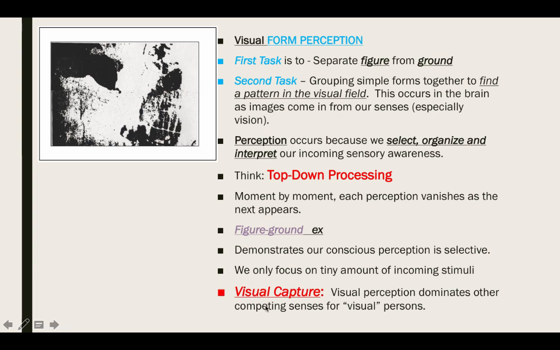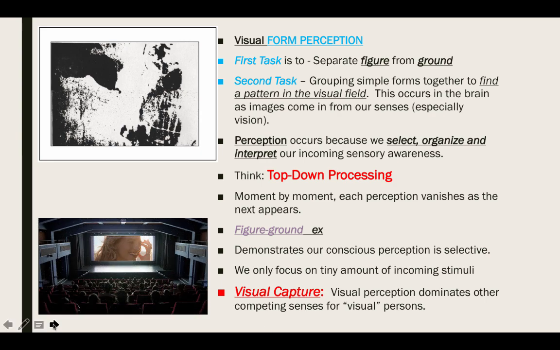And one term you want to be able to identify is something called visual capture. This refers to our visual perception, for sighted people, dominating other senses. For example, if you are at a movie theater and you see somebody talking on the screen, you perceive the sound as coming from that mouth on the screen, even though the screen doesn't have any speakers, and the speakers are out on the side of the screen.